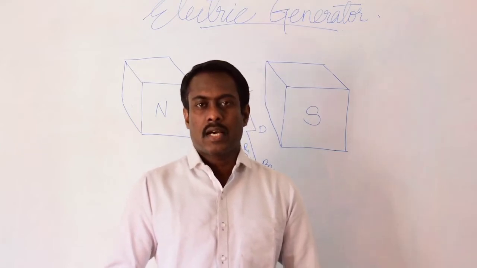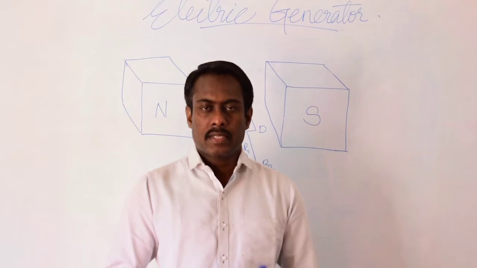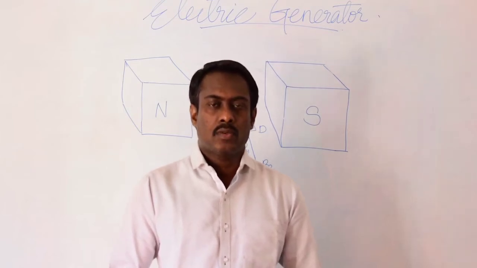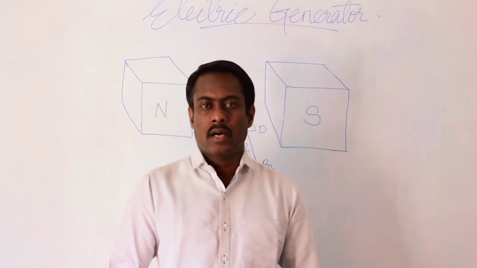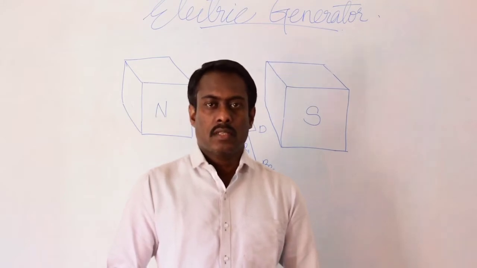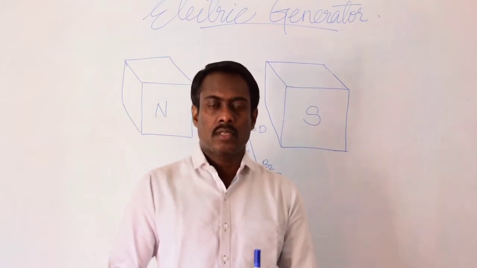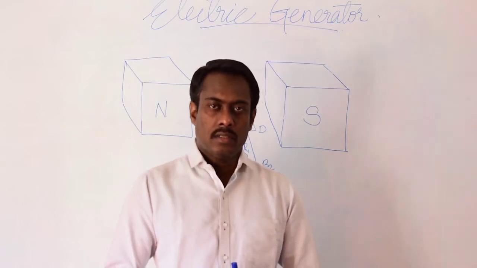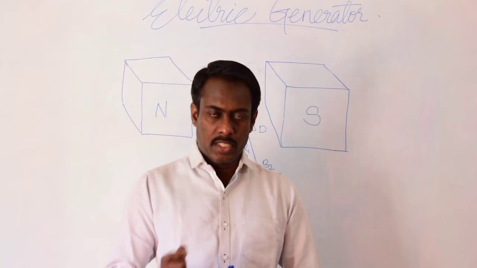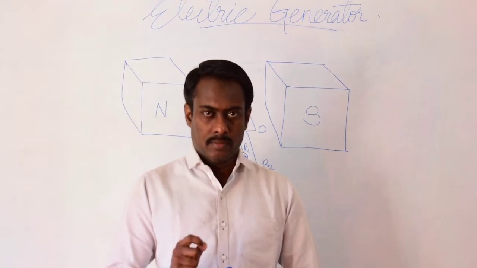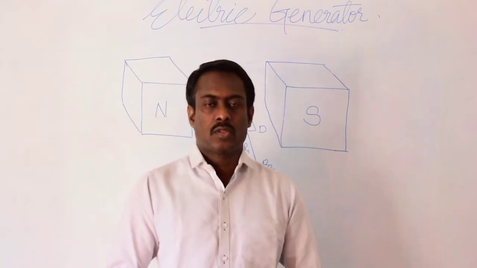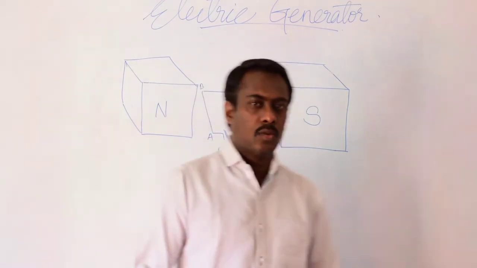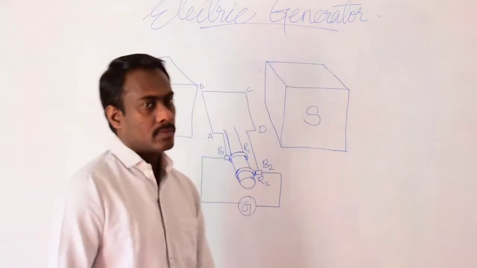In order to produce large amounts of energy, a conductor with a large number of turns is placed in a magnetic field, so that the current induced in each turn of the coil is added up, and a large amount of electric current is produced. Such a setup is called an electric generator.